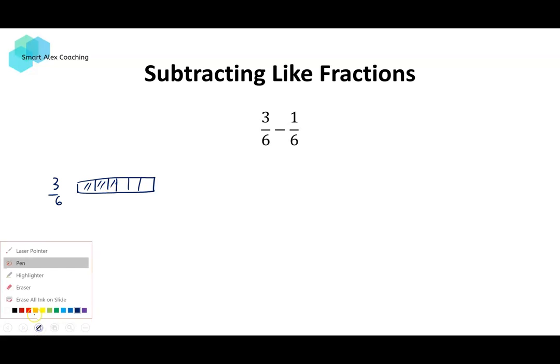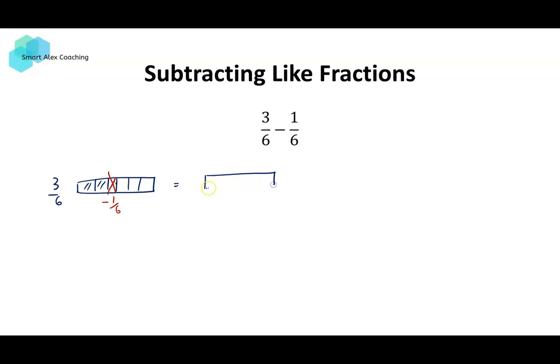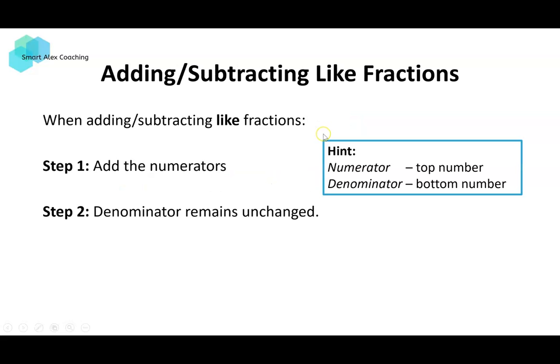To take away 1/6, that's effectively taking away 1 part, and I'm going to be left with a bar that's divided into 6 sections with only 2 parts shaded, the same as 2/6. So 3/6 take away 1/6 will give me 2/6. We can see that when we subtract like fractions, again we subtract the numerators only whilst the denominator remains unchanged.